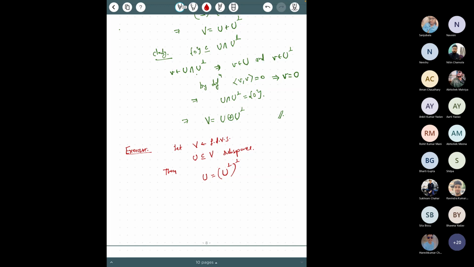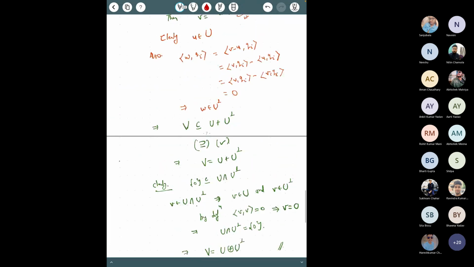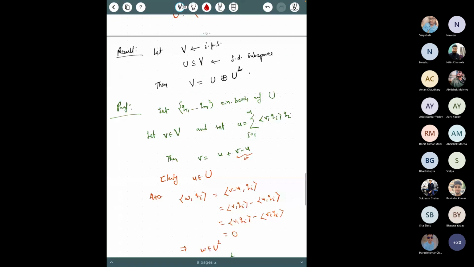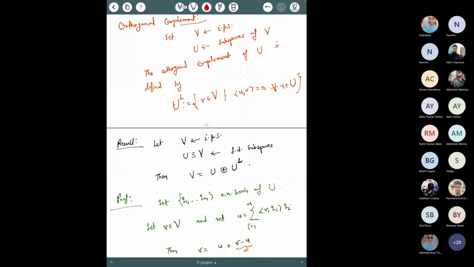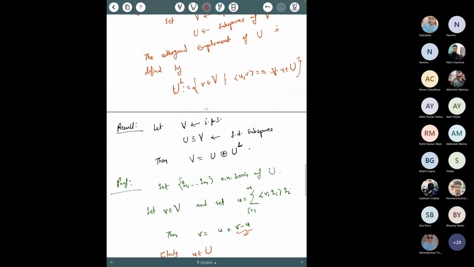For this we sometimes also use the notation U double perp. So U is equal to U double perp. Now this you can show because the orthogonal complement of U is a subset of V. In fact, it's a subspace. So you can talk the same way about the perp of this set. It would be U double perp. And in fact, you can show that U double perp is actually equal to U.